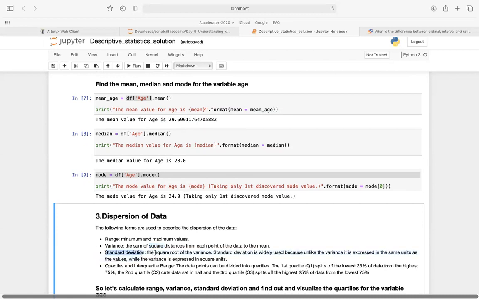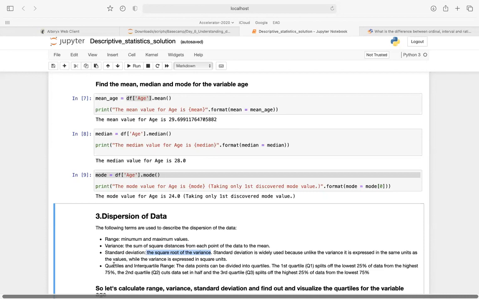So I'm simply taking the square root of the variance. And standard deviation is the most fundamentally used measure in descriptive statistics as well as in machine learning. Every algorithm that you will learn in the future, you will see how important the standard deviation can be.